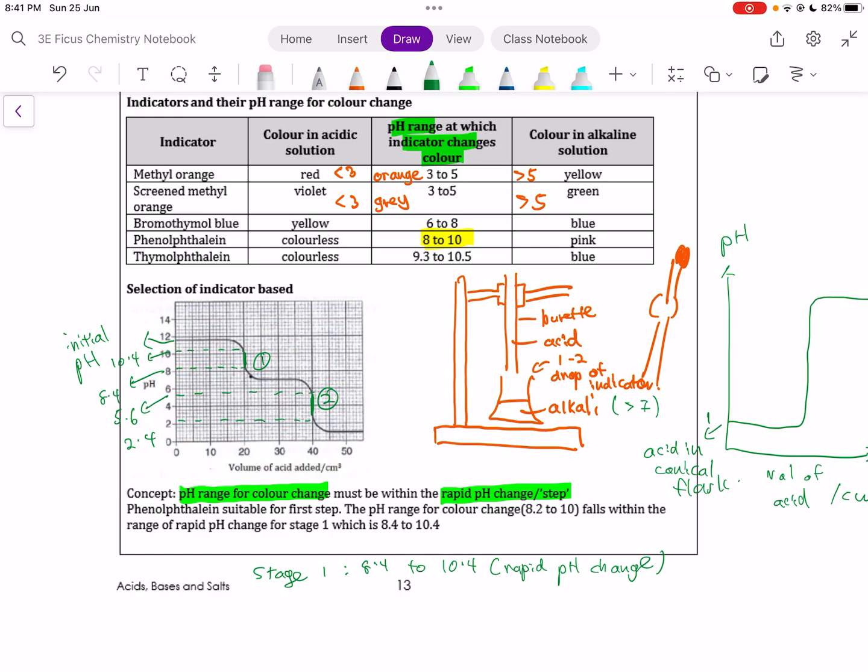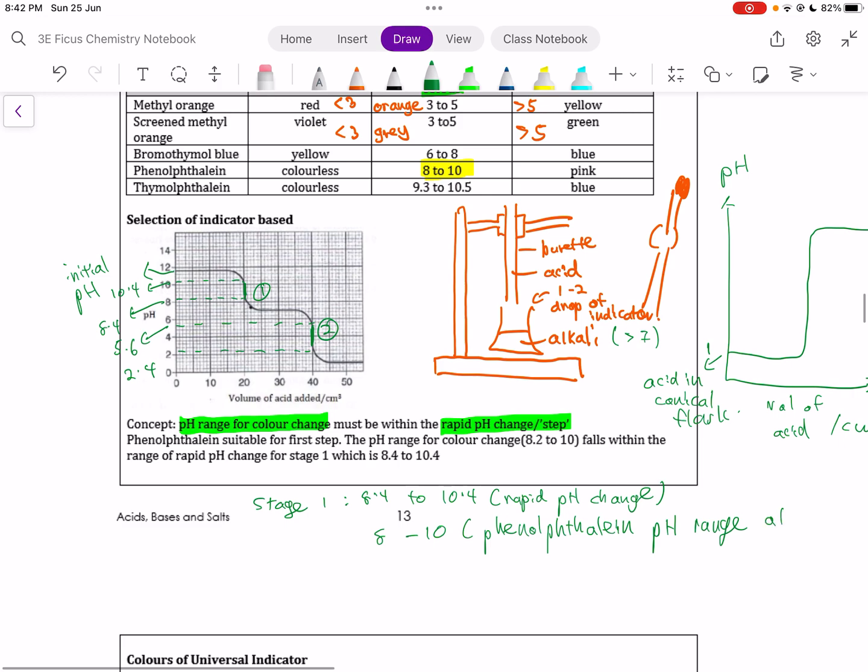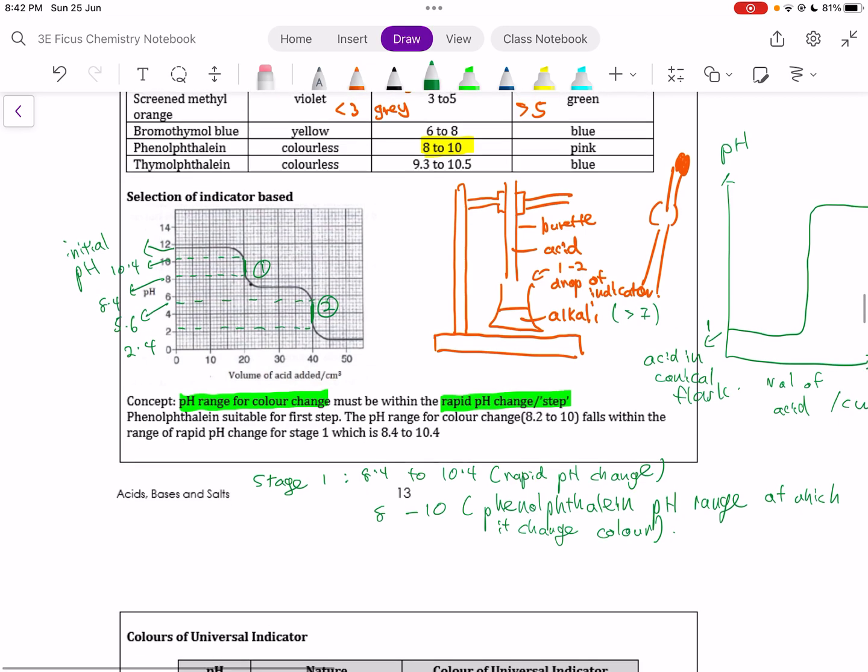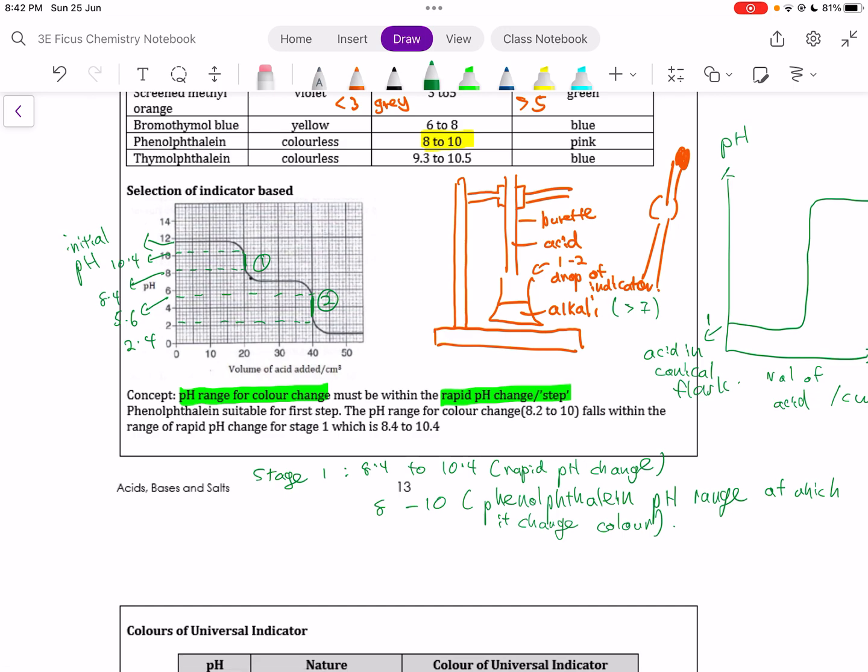Phenolphthalein changes color between 8 to 10, so it fits within the rapid pH change of 8.4 to 10.4. So how you answer is like that. You need to quote the value: the pH range for color change, 8.2 to 10, falls within the rapid pH change of stage 1, which is 8.4 to 10.4.